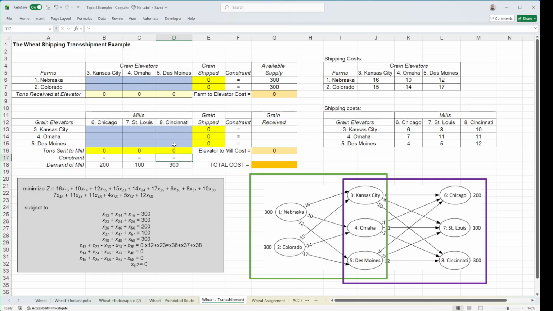So these 3 cells are the in for the transshipment nodes, the tons received at the elevator. These are the out of each transshipment node. So these 3 yellow cells should be set equal to these 3 yellow cells if we're going to add the constraint to the solver.